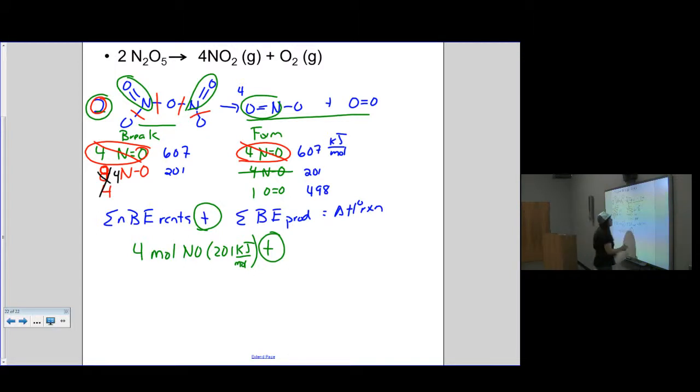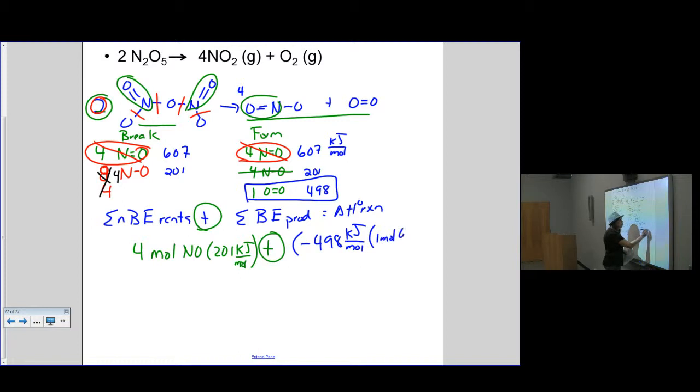In this case, basically, the only thing I have left over here is this oxygen molecule. So I've got to release it, so minus 498 kilojoules per mole times 1 mole of oxygen. And when you calculate this up, it works out to be 306 kilojoules. But we have a problem.